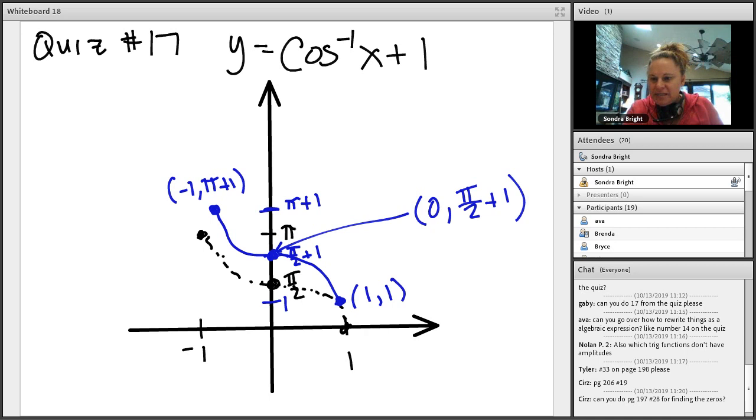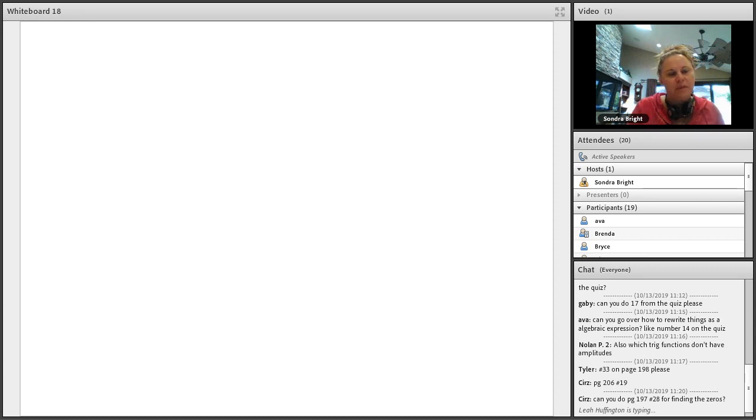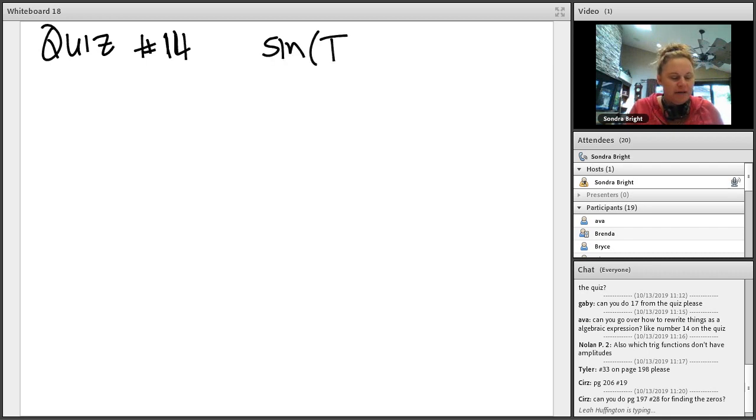Okay, that was 17 from the quiz. Can you go over how to rewrite things as an algebraic expression? That's 14 on the quiz. Yes. So sine of inverse tangent of z over 3.